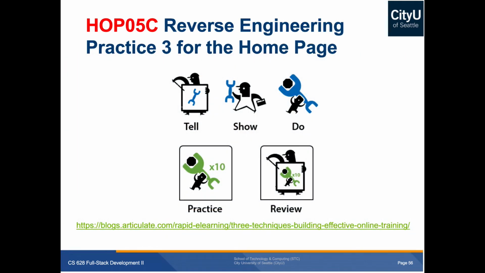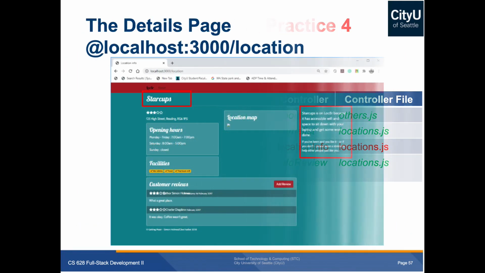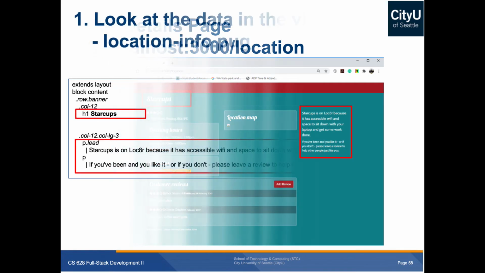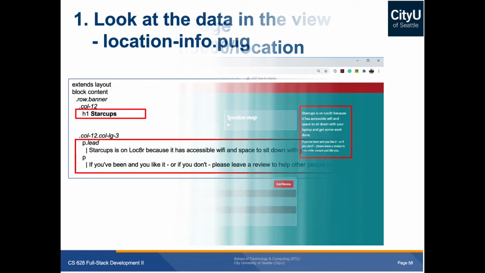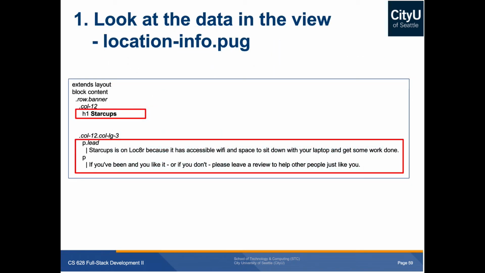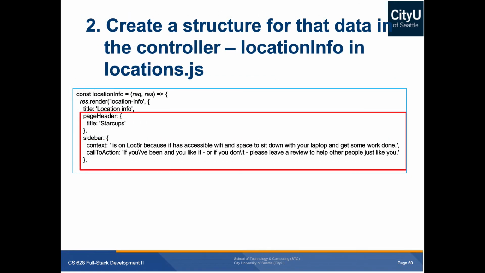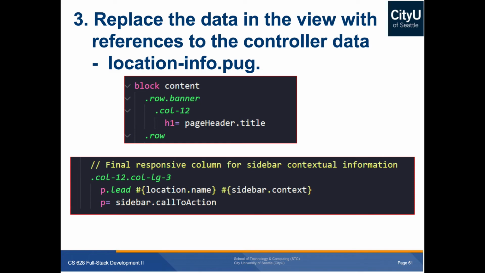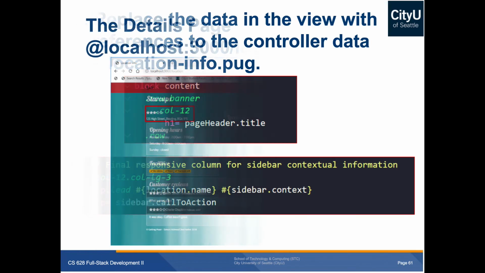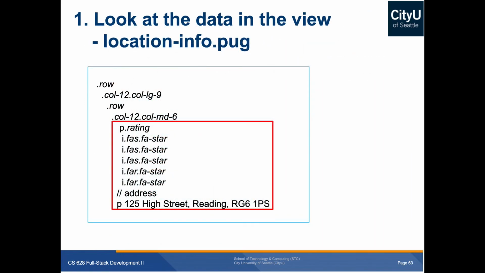Okay, more, stars, location.info. Create a structure for the data, place the data in the view with references to controller data, location info pug. And these are the stars.